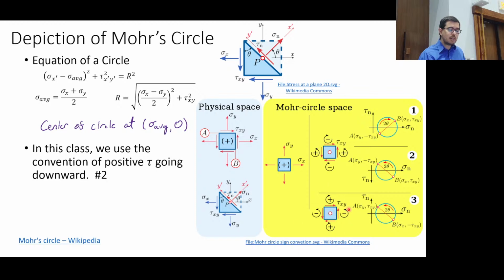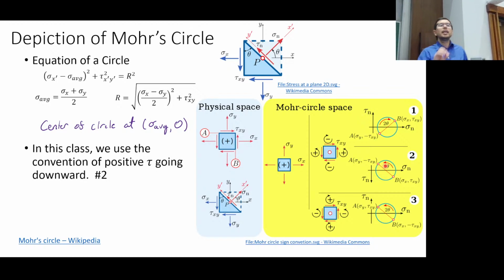Or if you follow this convention down here, where this is negative tau xy and this is positive tau xy, the opposite of what we do for our tau xy, then you can go the same direction and have tau upward. But this is mostly for your good to know file.